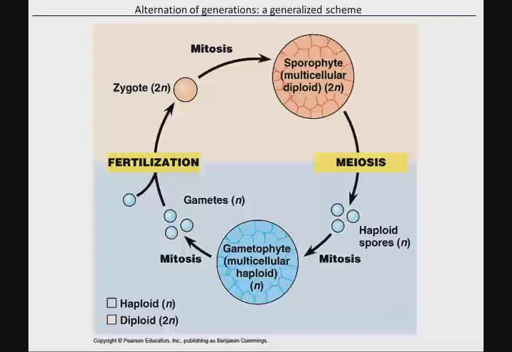So the gametophyte then goes through mitosis to produce gametes, because it can't go through meiosis again. It's already haploid. You can't have one and get half a genome. You can't have half the number of copies because there's only one copy of everything. So mitosis produces gametes. Gametes fuse and become a diploid zygote that grows up to be a diploid sporophyte, multicellular.